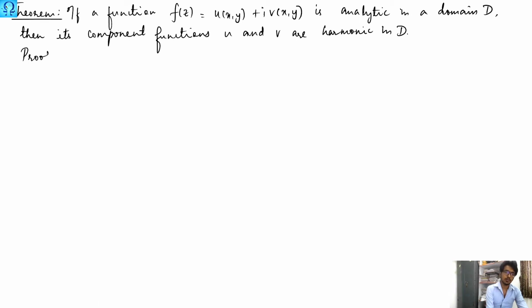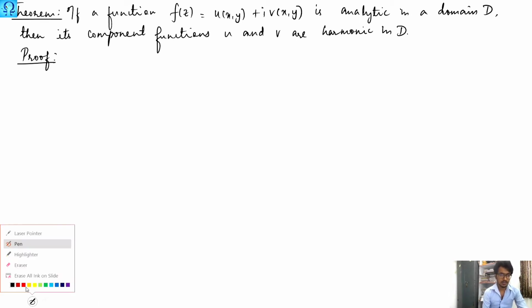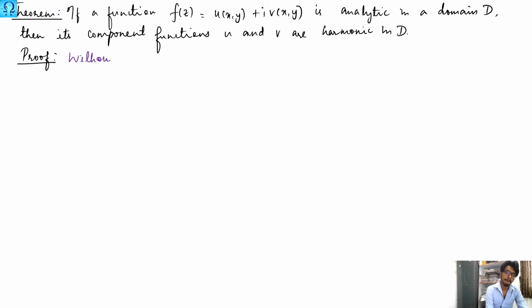Okay, so in order to prove this theorem, the basic assumption that we are going to make, without loss of generality, is that the real and imaginary parts of an analytic function possess continuous partial derivatives.